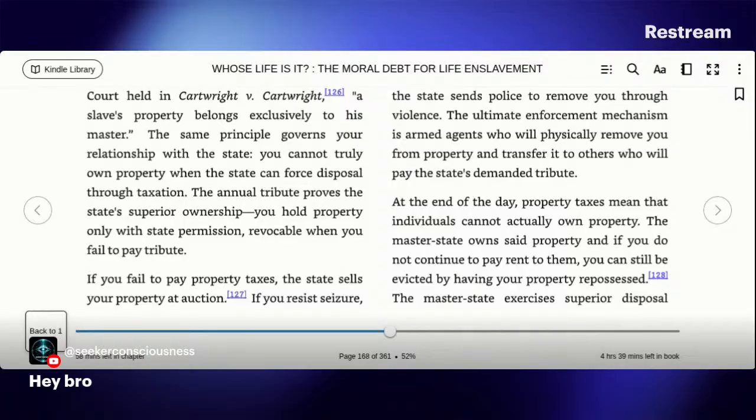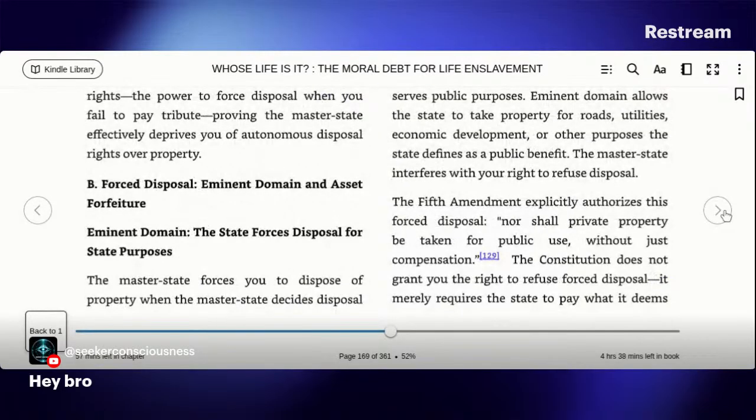The master state owns said property, and if you do not continue to pay rent to them, you can still be evicted by having your property repossessed. The master state exercises superior disposal rights, the power to force disposal when you fail to pay tribute, proving the master state effectively deprives you of autonomous disposal rights over property.